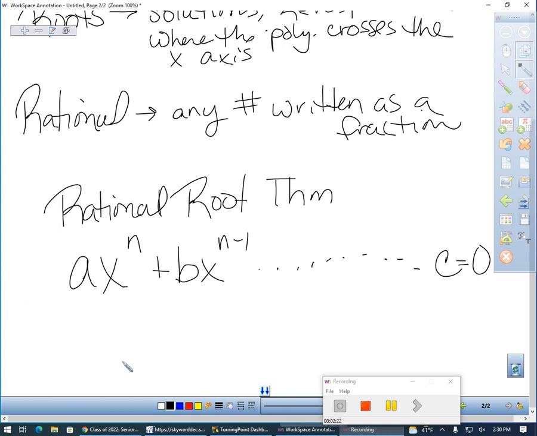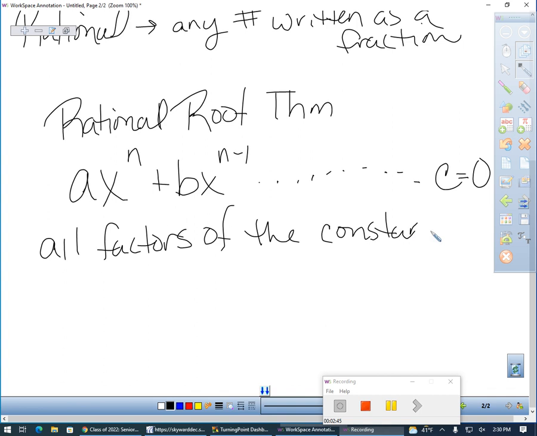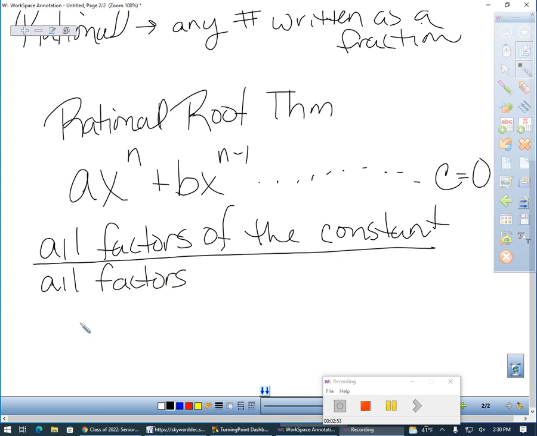That being said, to find your rational roots, you are going to take all factors of your final number, your constant, all factors of the constant, and you're going to divide by all factors of the leading coefficient, in this case a, right?